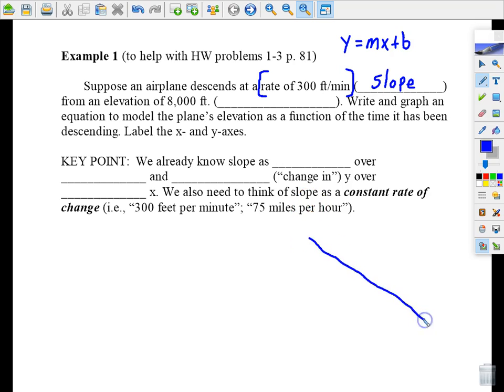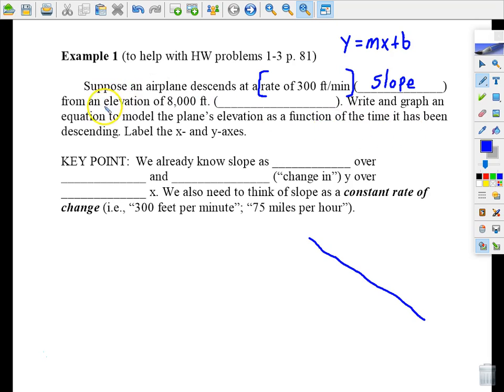My plane is descending, and I hope you see that a line that goes down from left to right should have a negative slope. But overall, I just want you to get used to seeing phrases like this that describe slope as a constant rate of change or movement.